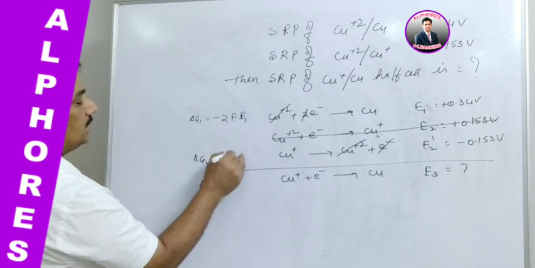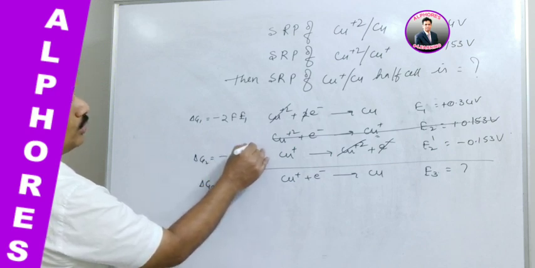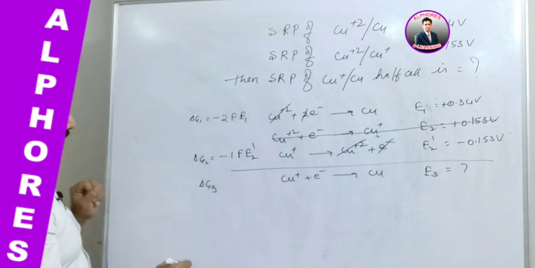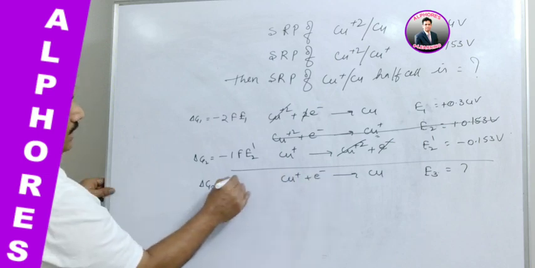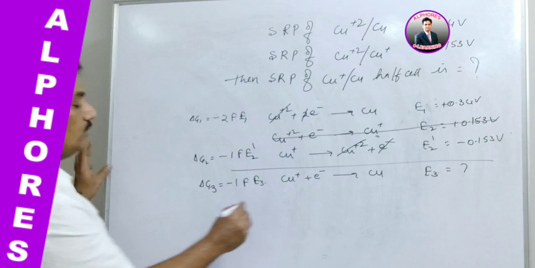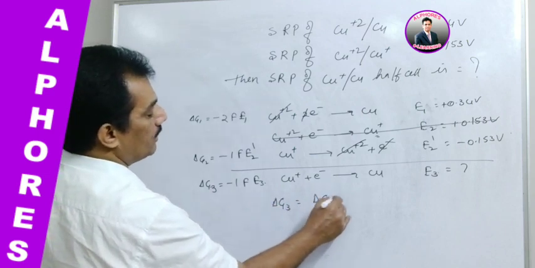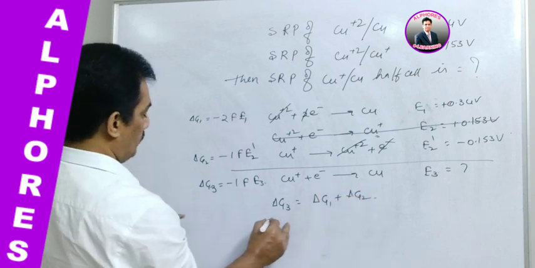Only one, so -FE2 bar, because we are considering the equation after reversing. Delta G3 is minus 1 electron, -FE3, and we know delta G3 is nothing but delta G1 plus delta G2.